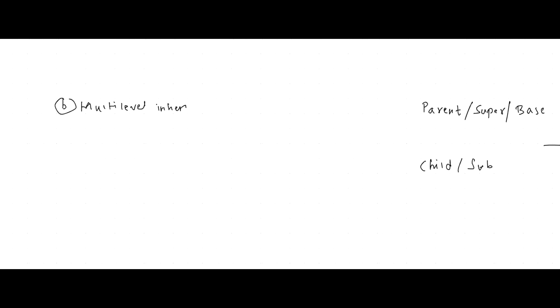You will have one parent, and from the parent you have a child class. Let me call it child class. And from your child class, you have another inheritance happening. Let me say child 2.